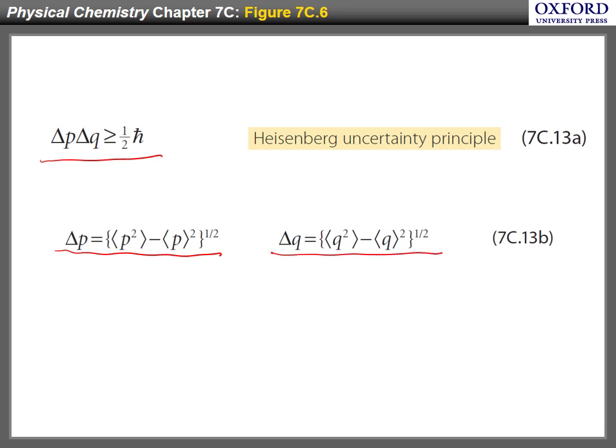Okay, so if you look at it closely, if let's say the position is certain, let's say our delta Q is 0, then this can only happen when our delta P is infinite. Okay, think of it as limits, and vice versa.